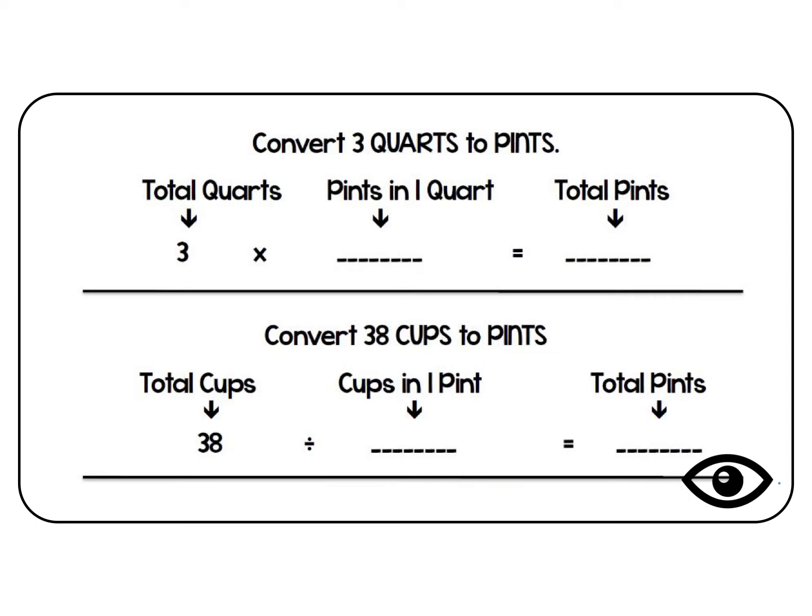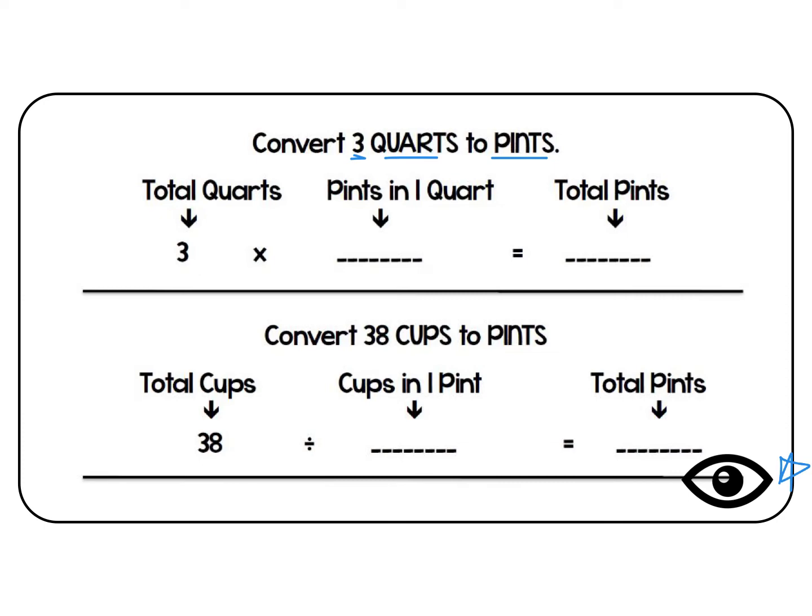All right, fifth graders, this page has an I on it, which means that we're just watching me. We are going to convert 3 quarts to pints. Now, I don't have the conversion chart on this page here, but the conversion chart is in your digital math notebook.